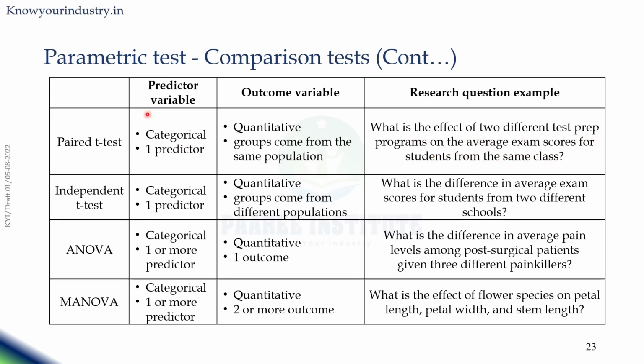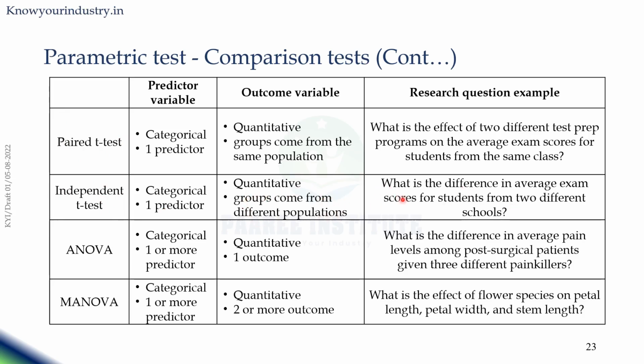So the predictor variable is categorical with one predictor. The outcome variable is quantitative and groups come from the same population. So groups coming from the same population is very important, and that is where we use the paired t-test. And an independent t-test we are going to use when the groups come from different populations.